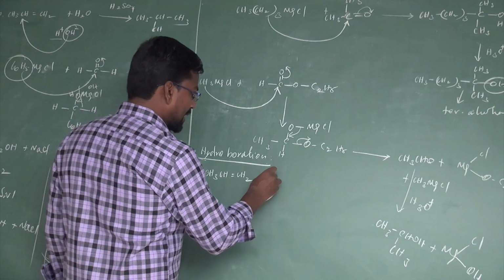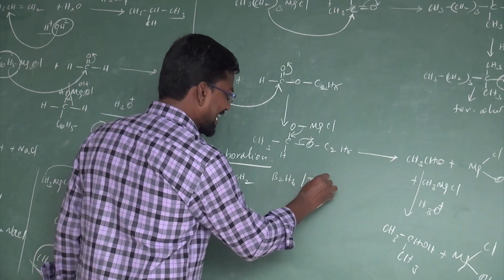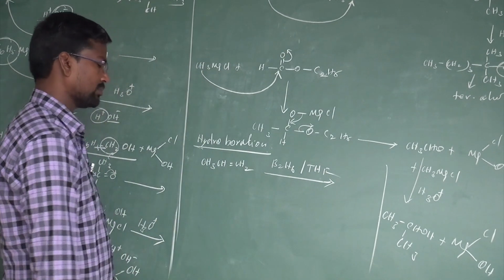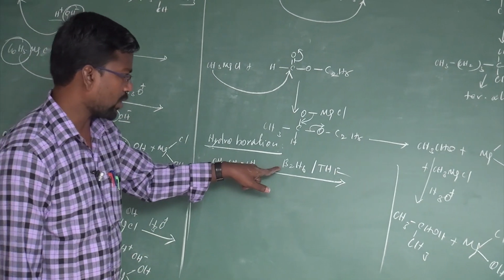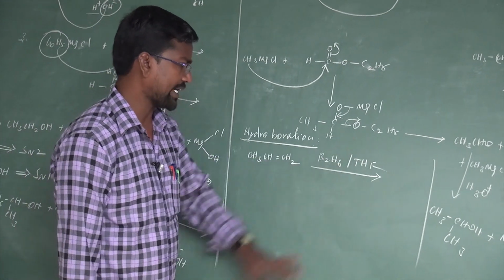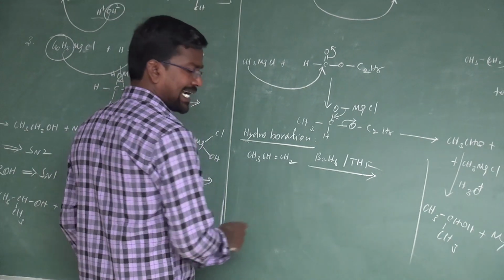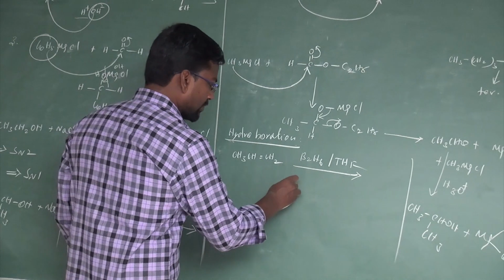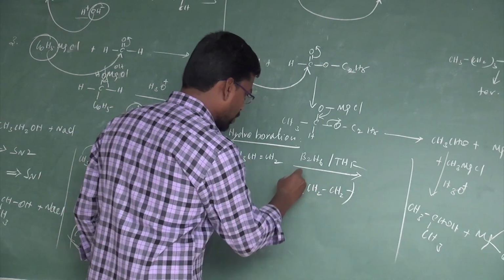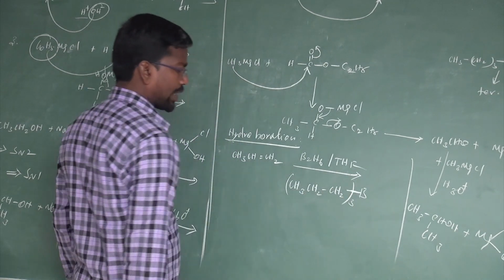Propene reacts with diborane, B2H6, in presence of THF, tetrahydrofuran, a solvent, to form the intermediate compound trialkyl borane, (CH3 CH2 CH2) thrice B.